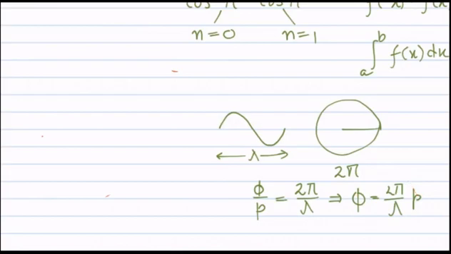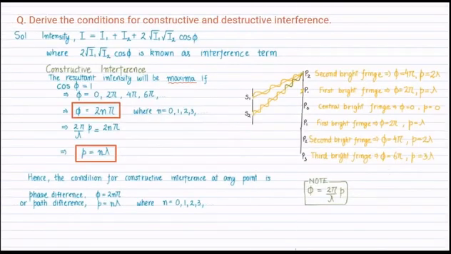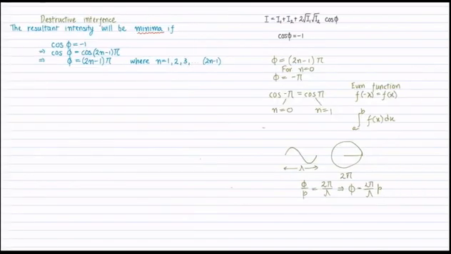If you forget the previous one, or cannot remember why we took this relation, then you can remember it like this. As long as you have the concept of why we are using this relation and how we are getting it, you can use it. So if phi equals twice of n minus 1 pi, I'll substitute this relation over here.